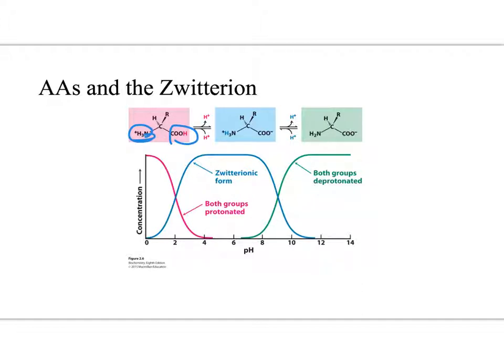And so at different pHs, we're going to have different versions of our amino acids. So at neutral pH, which is what we're talking about when we have physiological conditions, physiological pH, you end up with your amino acids present as dipolar ions.